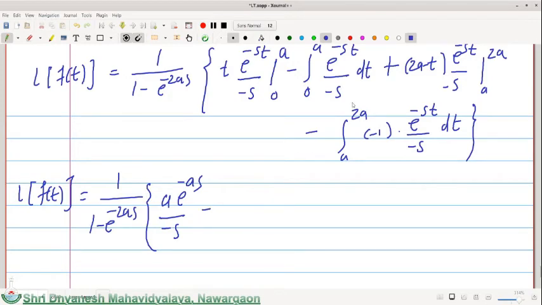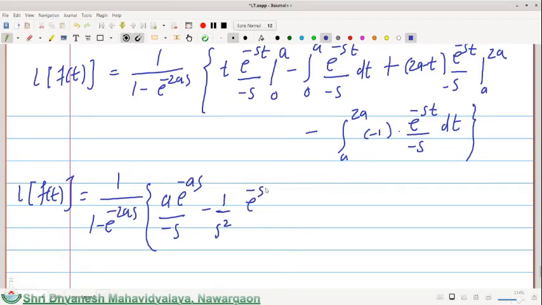So this is minus integration of e to the power minus st will be e to the power minus st upon minus s. That minus s and this minus s will be plus, 1 upon s square.